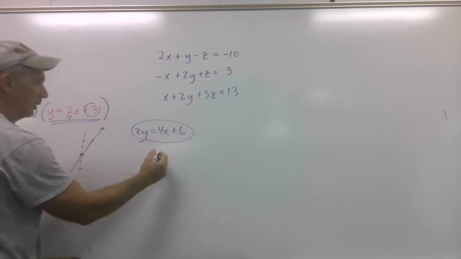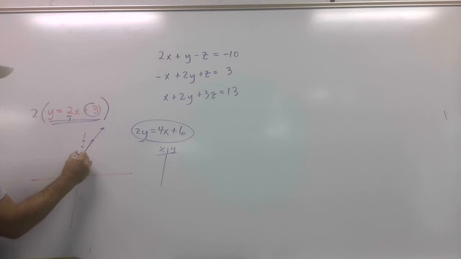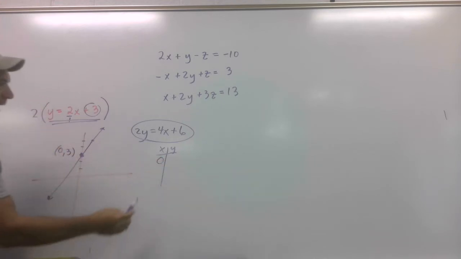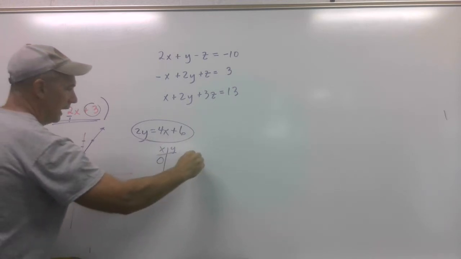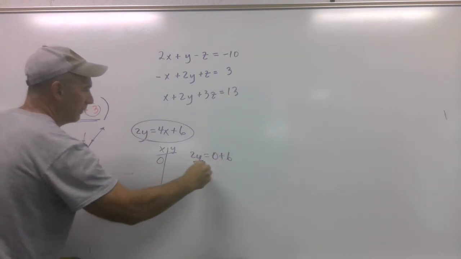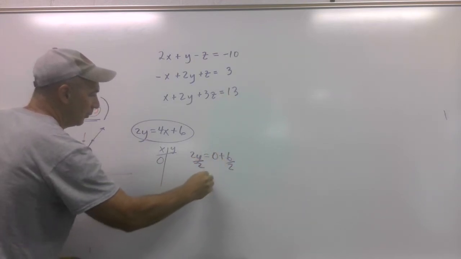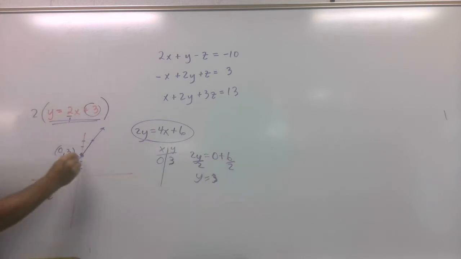Well, let's take a look here and plot some points just to prove my point. I know this point right here is 0, 3. So if I put a 0 in for x, that would cancel this term. I'd get 2y equals 0 plus 6. Divide by 2, I'd get y is 3. So it's the same point.